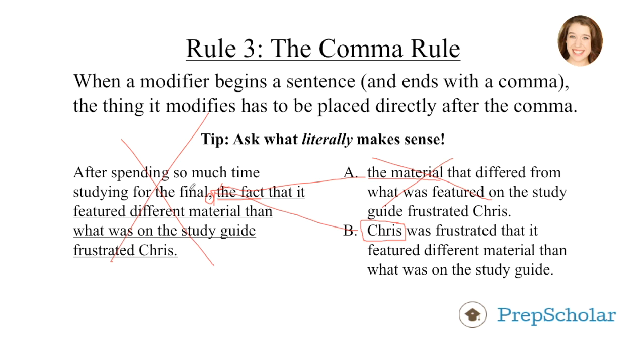This makes sense. After spending so much time studying for the final, Chris was frustrated, right? Chris is the one who literally spent this time studying for the final. What you want to do is find what literally is taking the action or being described by that modifier, and then make sure it follows that modifier as closely as possible.